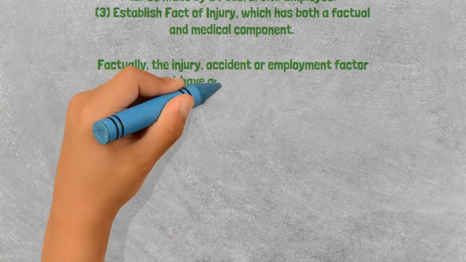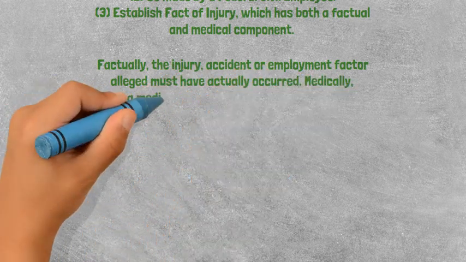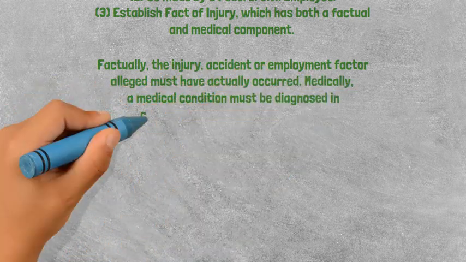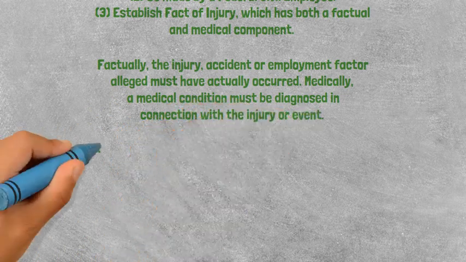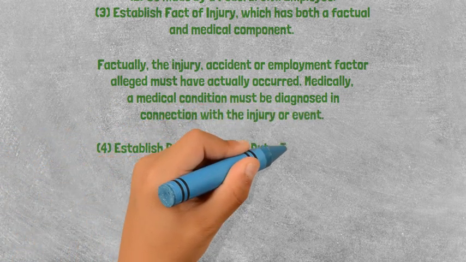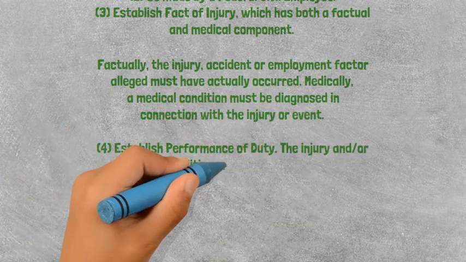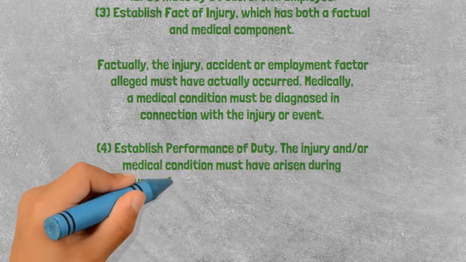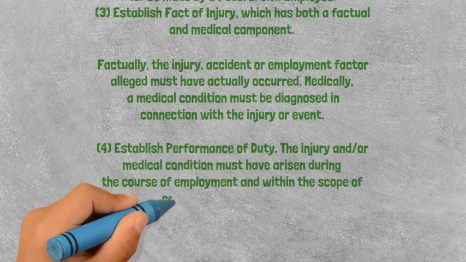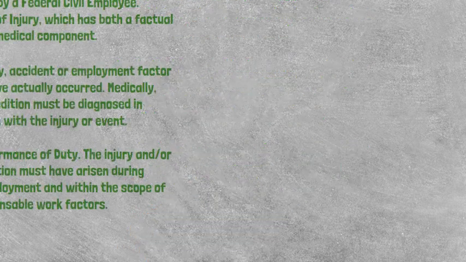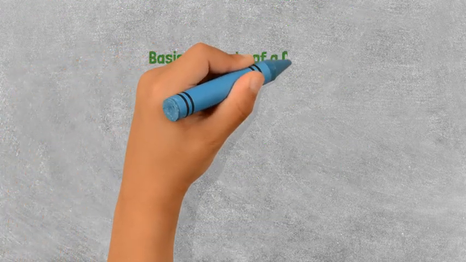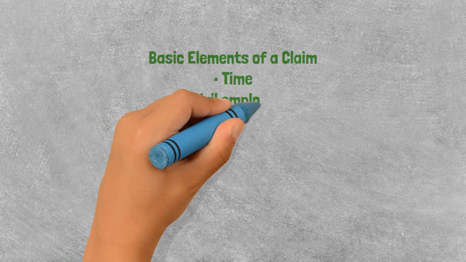Factually, the injury, accident, or employment factor alleged must have actually occurred. Medically, a medical condition must be diagnosed in connection with the injury or the event. 4, you establish performance of duty. The injury and/or medical condition must have arisen during the course of employment and within the scope of compensable work-related factors.